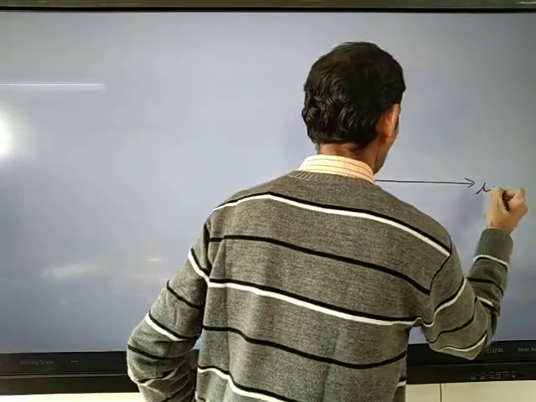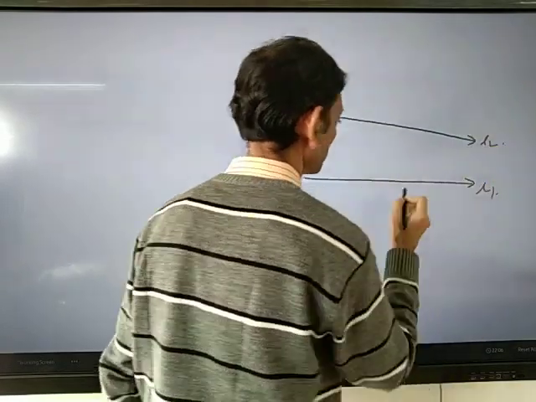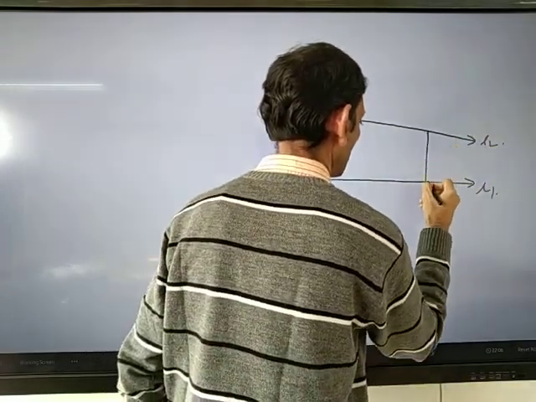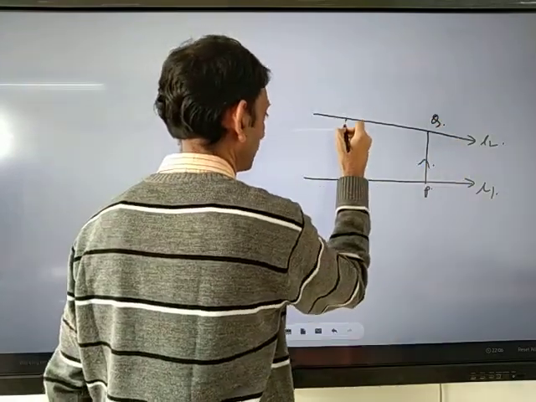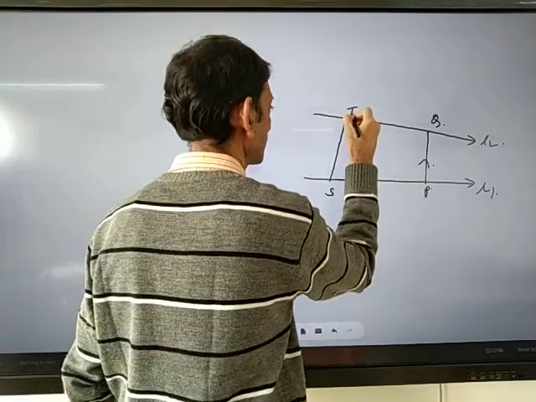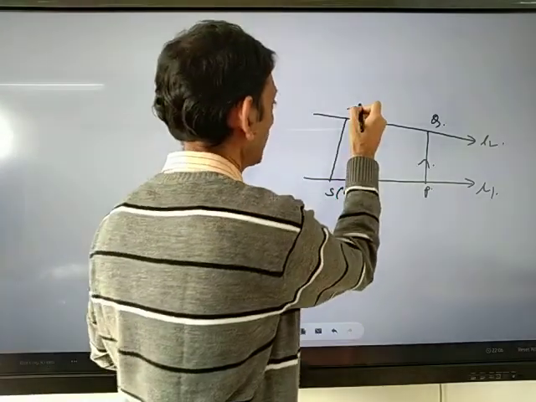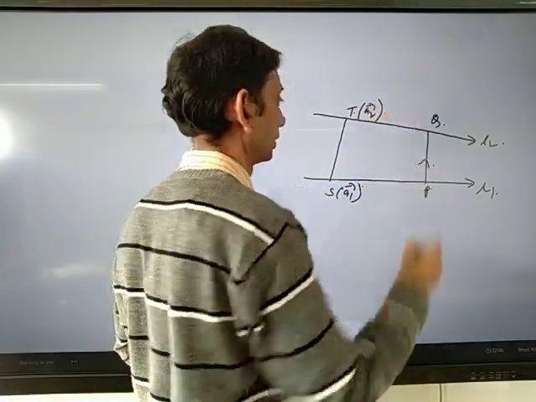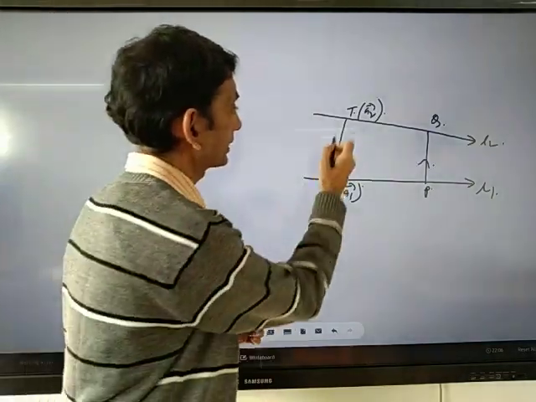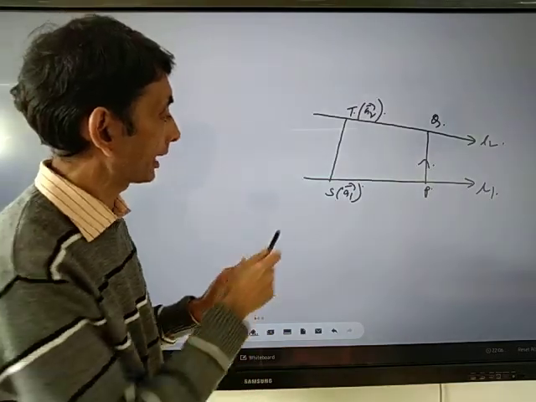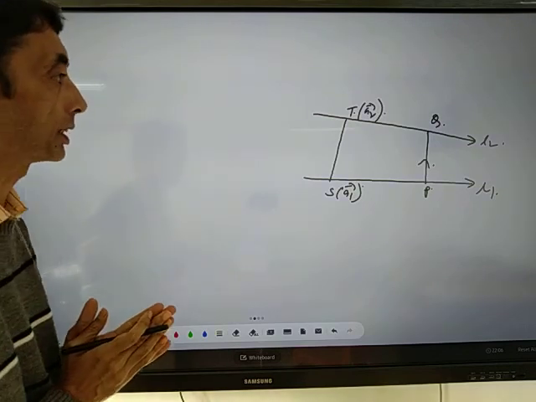So this is L1 and this is L2, this is P, this is Q, this is S, this is T. The position vector of S is A1 and the position vector of T is A2. Let us consider the angle between ST and PQ to be theta.